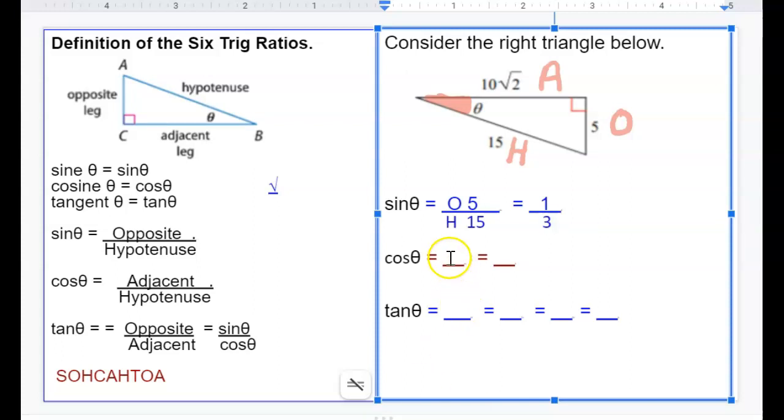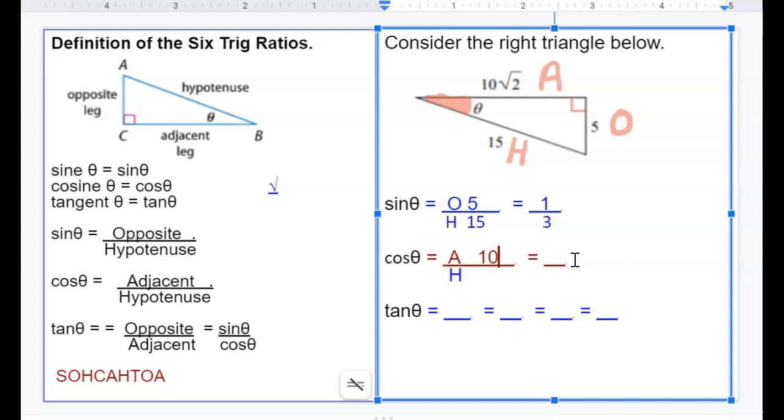Now let's look at cos theta. Cos theta, by definition, if you look at your SOHCAHTOA, the CAH, cosine is what? Adjacent over hypotenuse. So cos theta would be adjacent over hypotenuse, right? And in this example, our adjacent was what? 10 root 2.